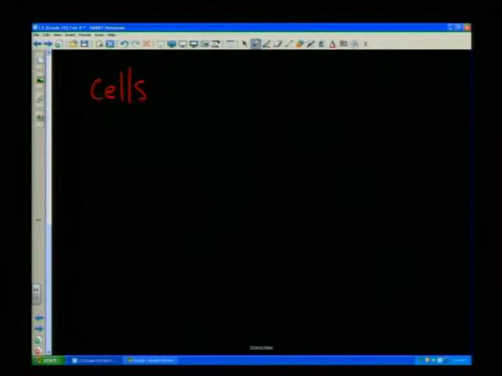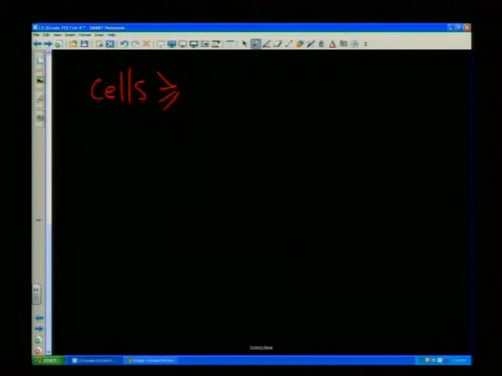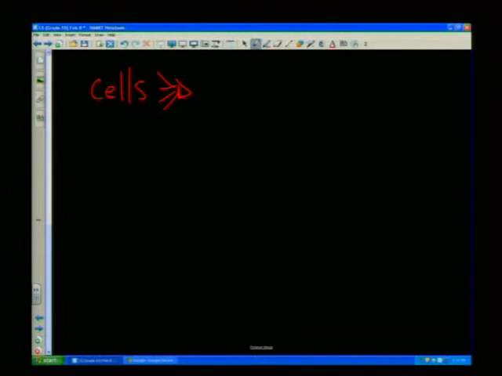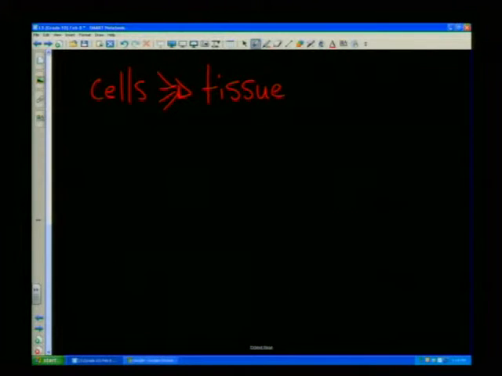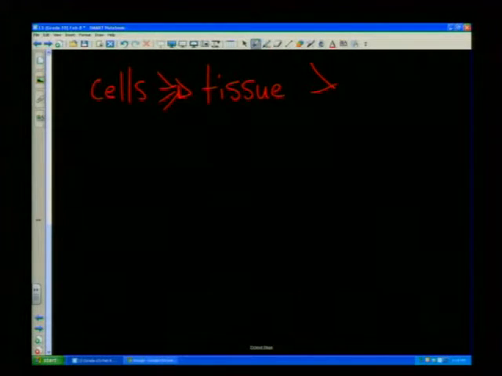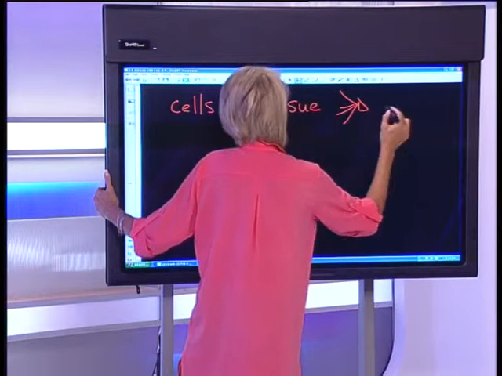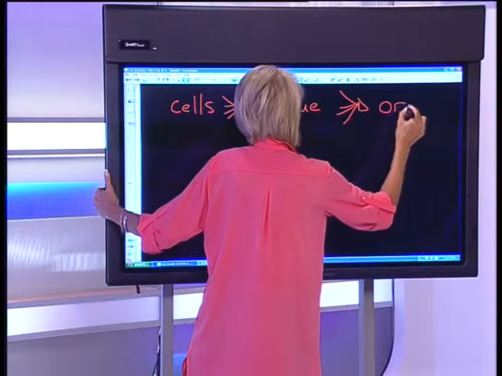And the little cells, a whole bunch of them, group together to form tissue. So it would form one layer of tissue. And a whole lot of tissues group together to form an organ.